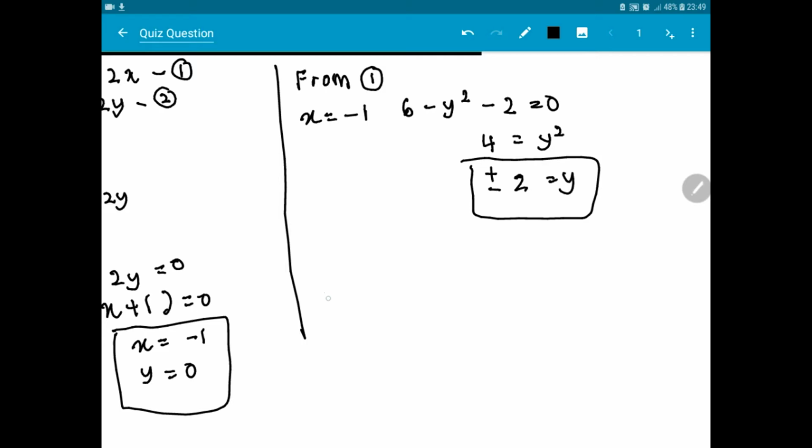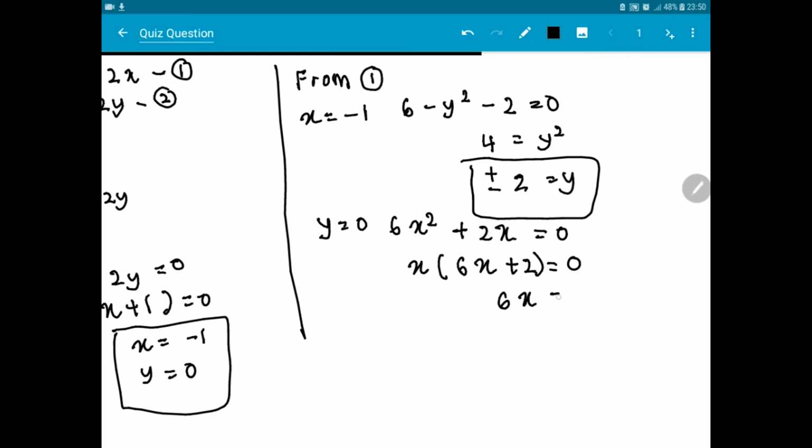When y is equal to 0, 6x squared plus 2x is equal to 0. I factorize this and get x(6x plus 2) equal to 0, so 6x is equal to negative 2, and I get x equal to negative 1 over 3, and 0.